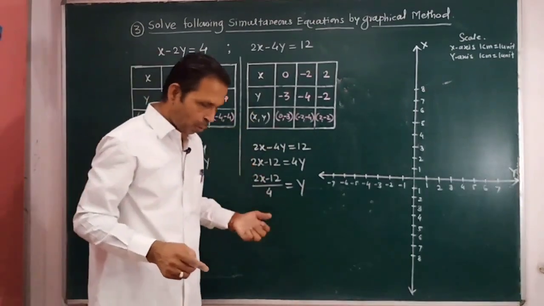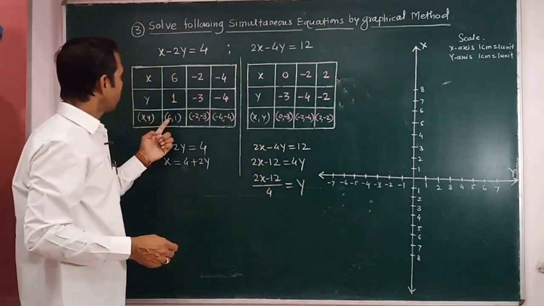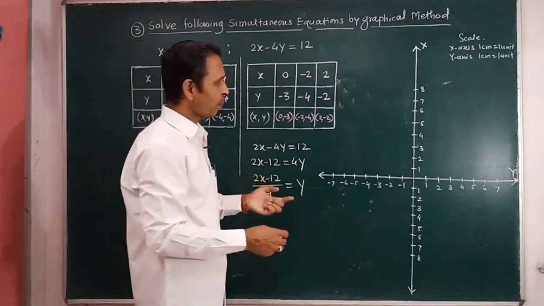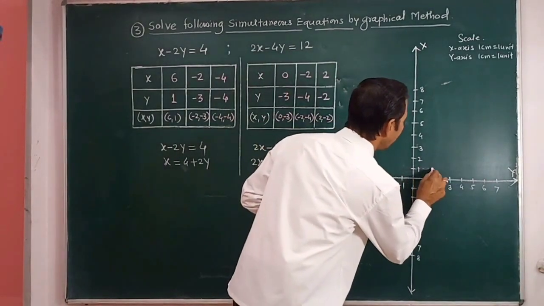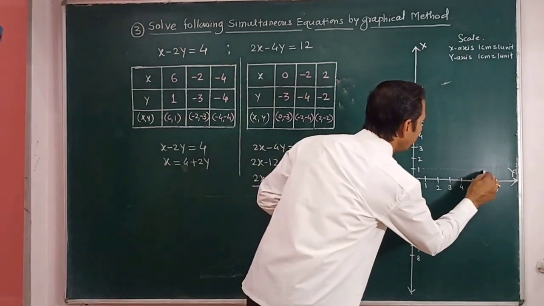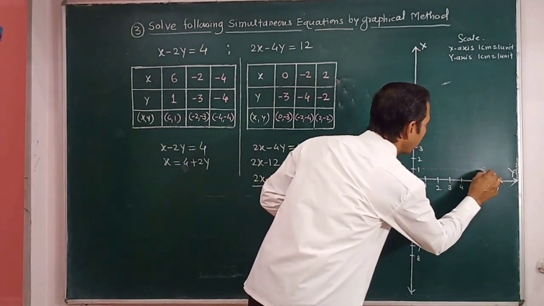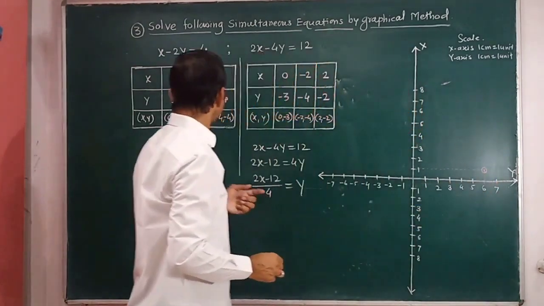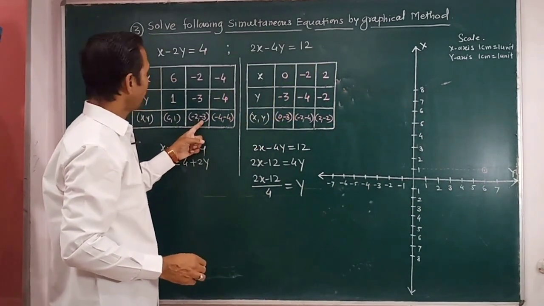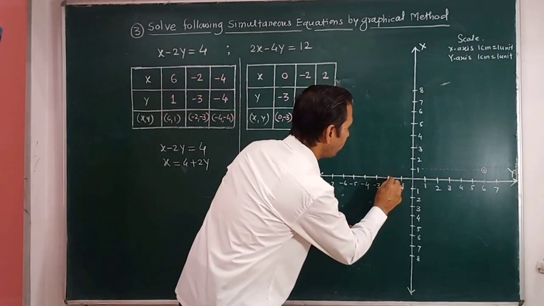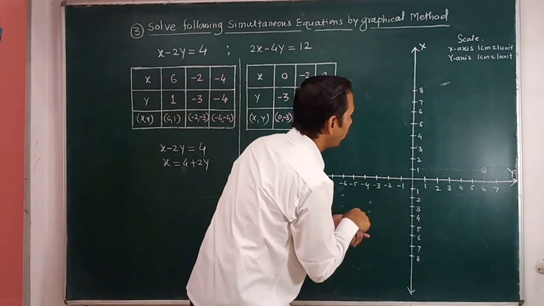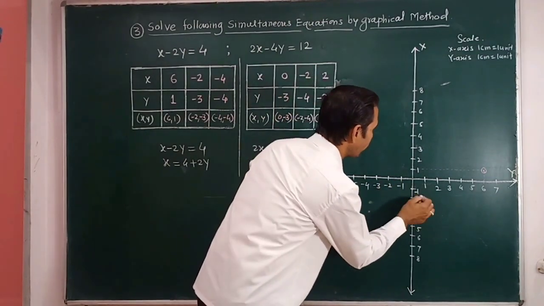Now let us plot the points on the graph paper. The first point is (6, 1). The next point is (-2, -3); here we have to take the minus sign.